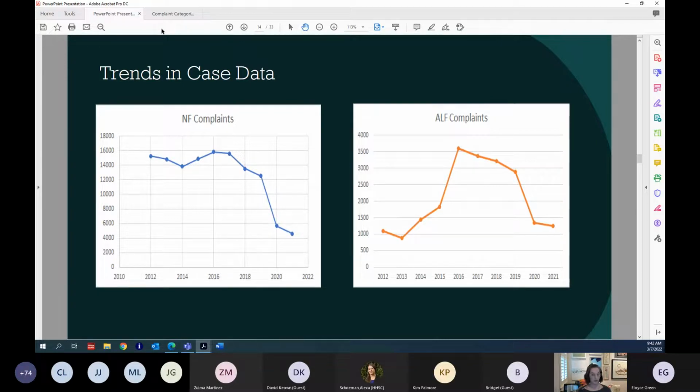But I will tell you something, while we in Texas saw a dramatic decline in our case numbers reported that first year, there are other states like California that actually saw an increase in complaint reporting in their state. So having a different set of complaint codes does not really seem to be a reason why we had such a change in the number of cases and complaints that we reported.